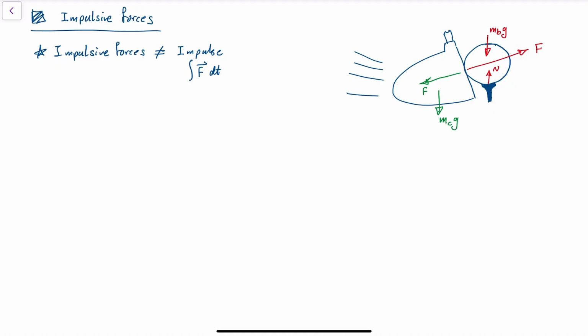And let's pretend there is some force from the shaft onto the club too. Let's call it P. And no friction, let's assume for simplicity. The club is in the air, only being swung with the force coming from the club shaft. And I think that is all. Yeah, that is good for now.